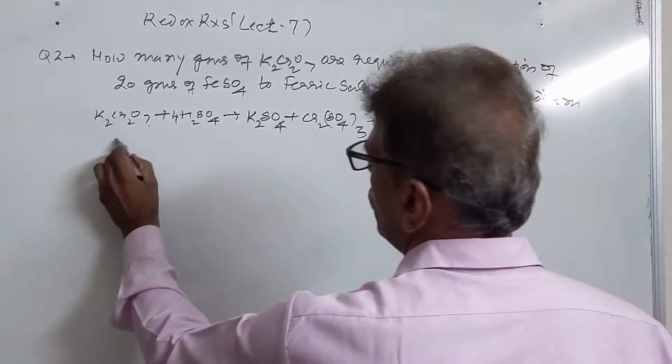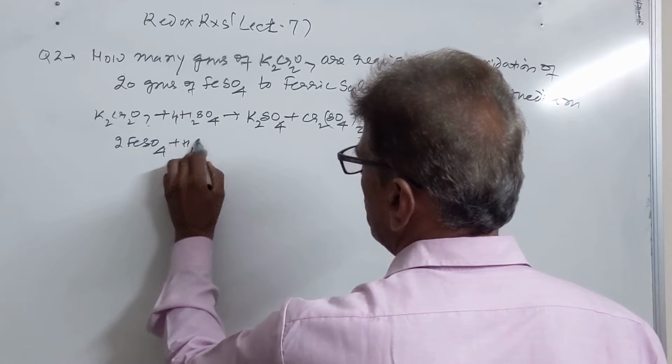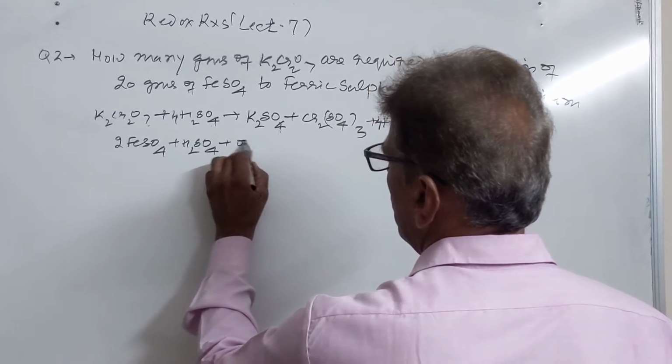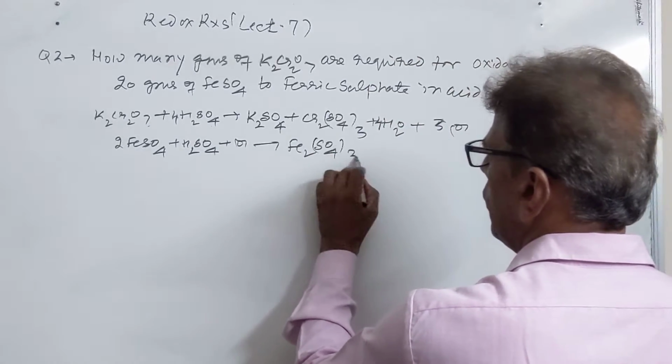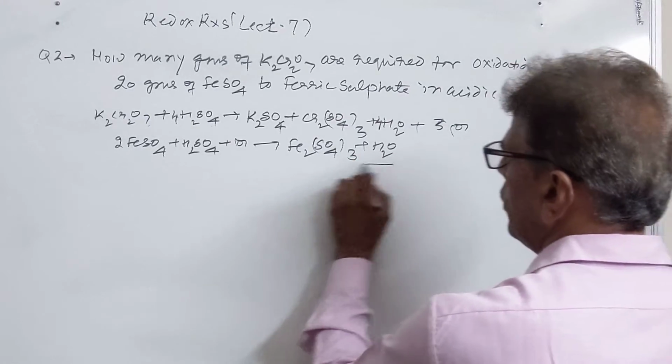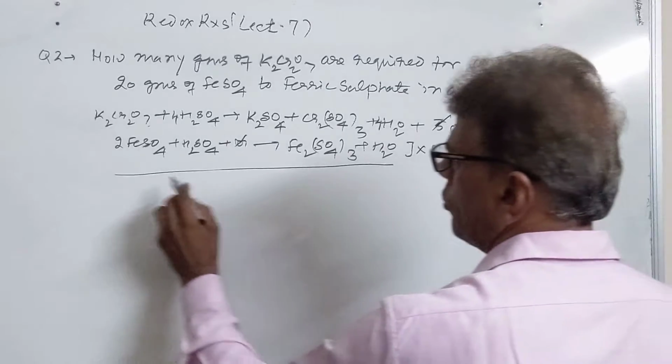Now this nascent oxygen is used by ferrous sulfate in the presence of acidic medium to give you Fe2(SO4)3 plus H2O. Multiply this equation by 3 to cancel out this oxygen.